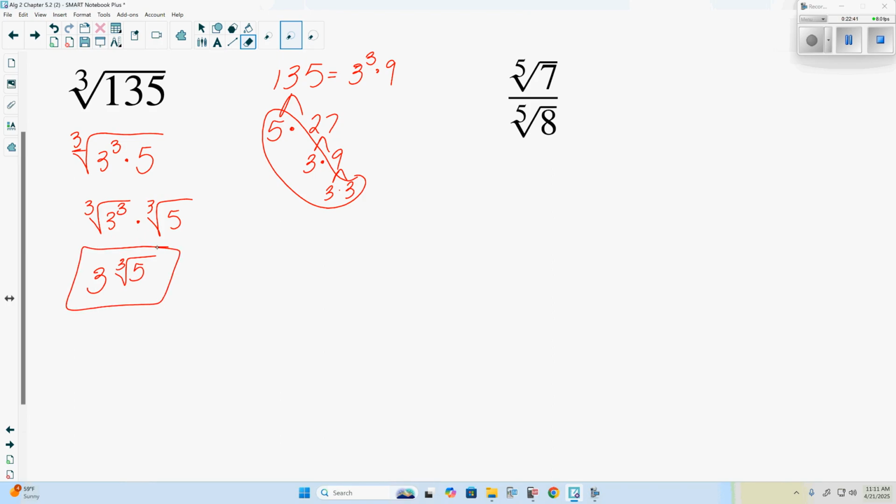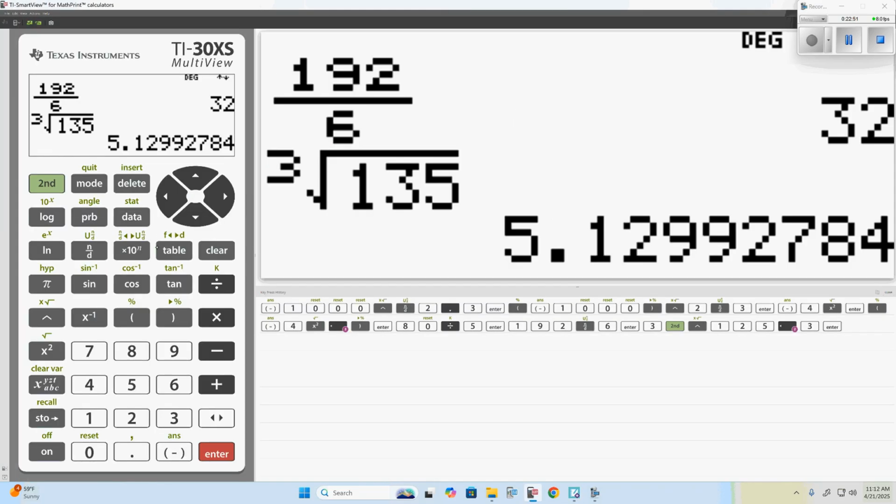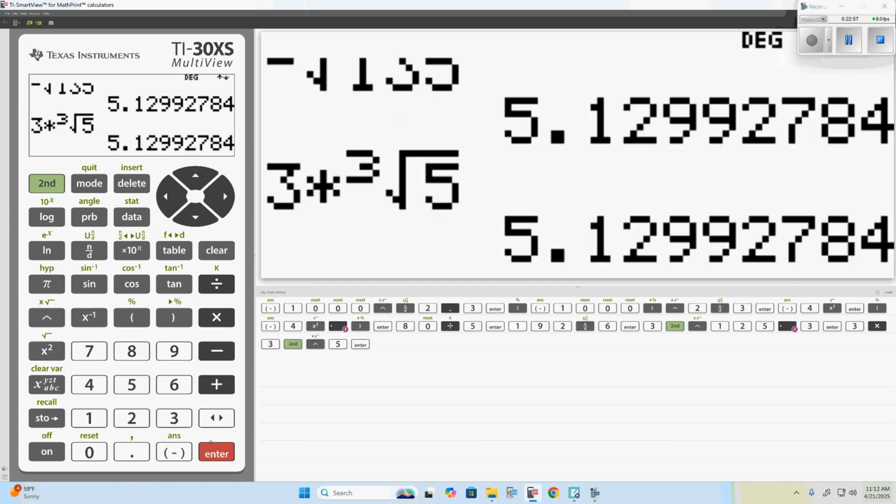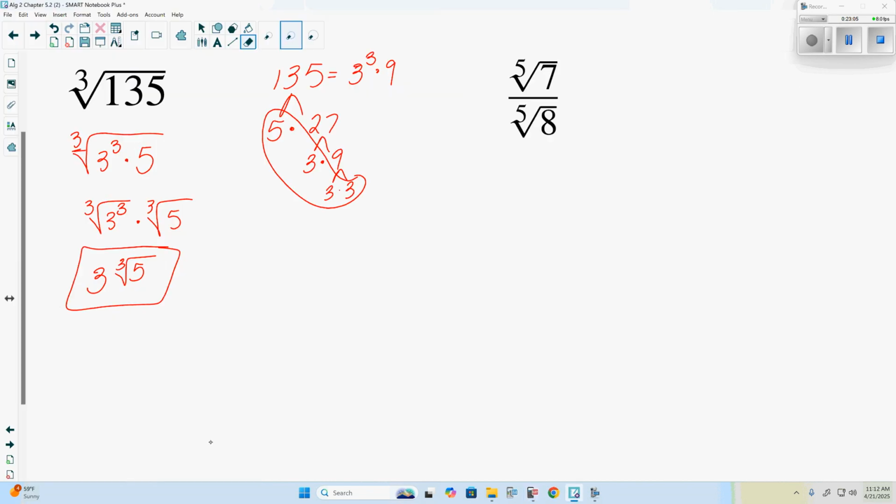Anything that does not fully simplify gets left inside the radical. So what that tells us is that the cubed root of 135 is 3 times the cubed root of 5. And we can see here that 3 times the cubed root of 5 is the same as the cubed root of 135. So we know that that is the correct expression.